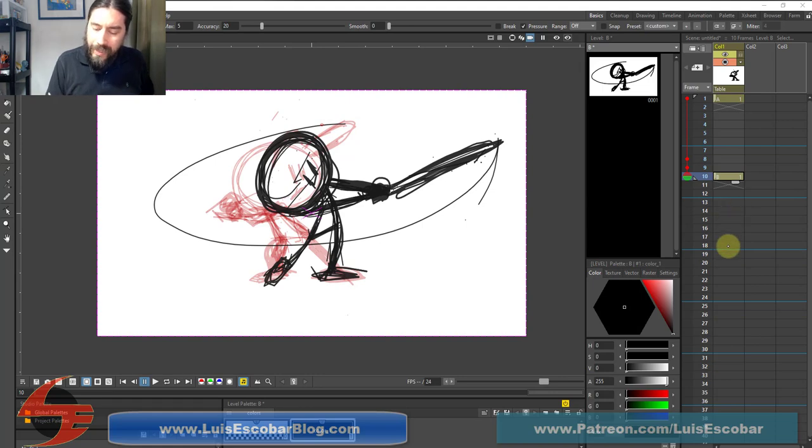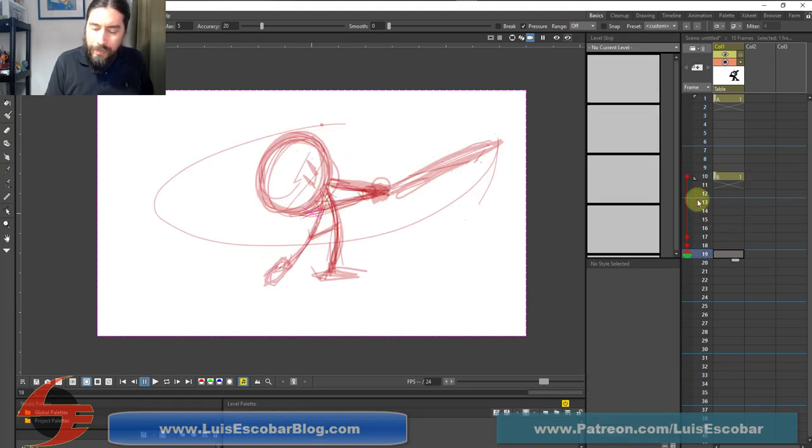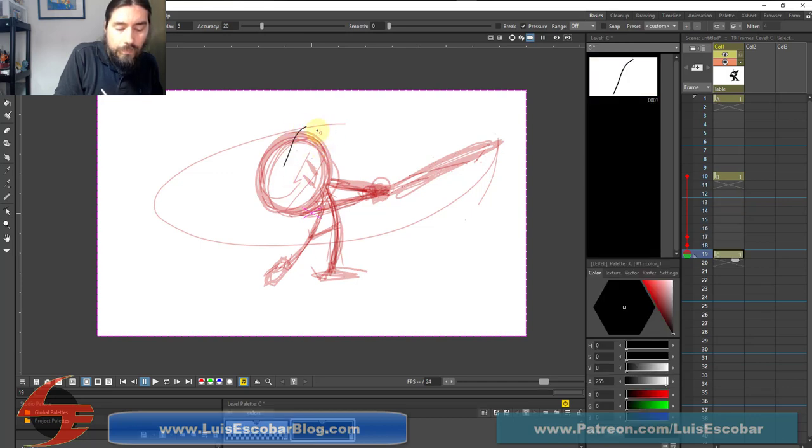And I will skip again all the way down to the bottom here, and I'm going to look at my reference, and I'm going to see if I can replicate what I see with my character.